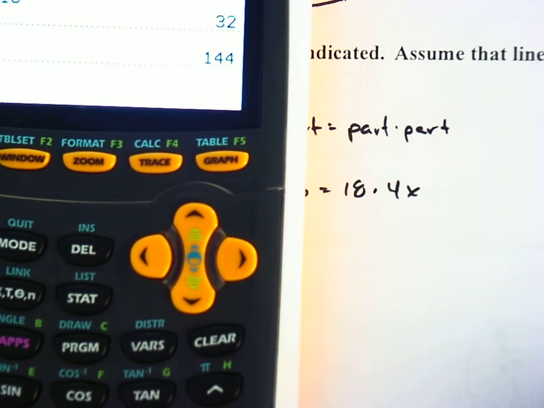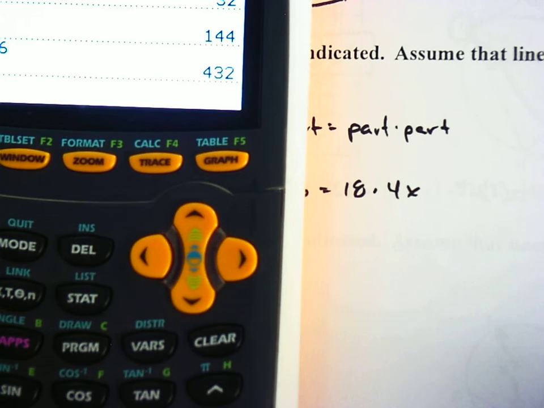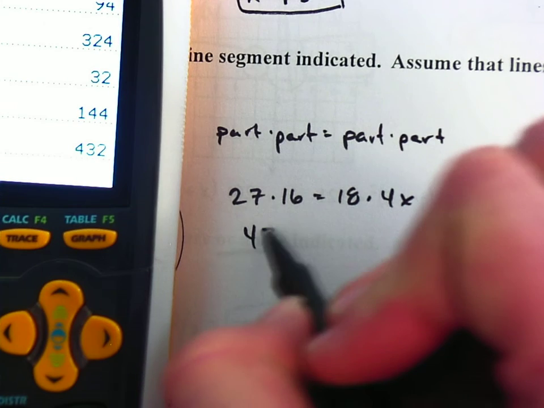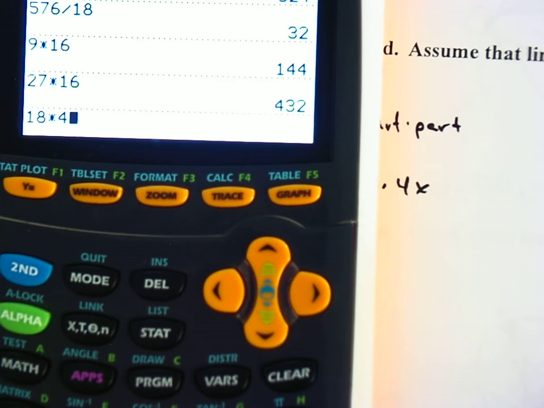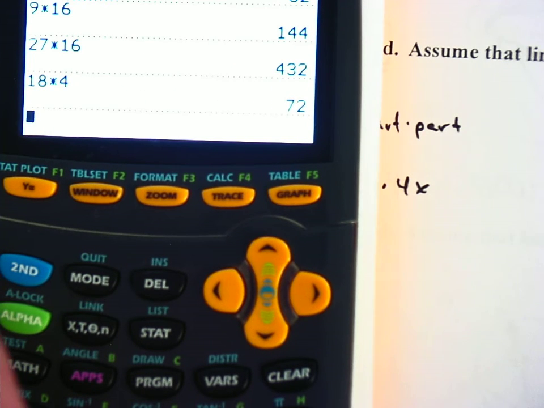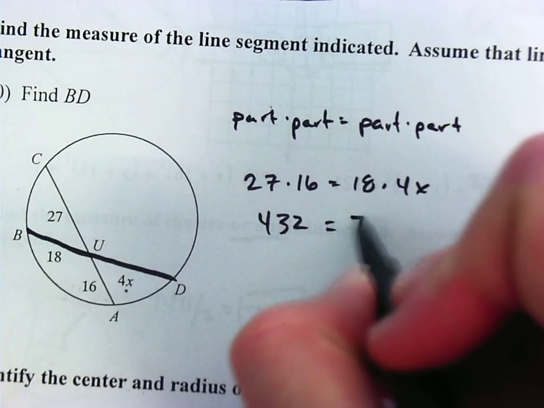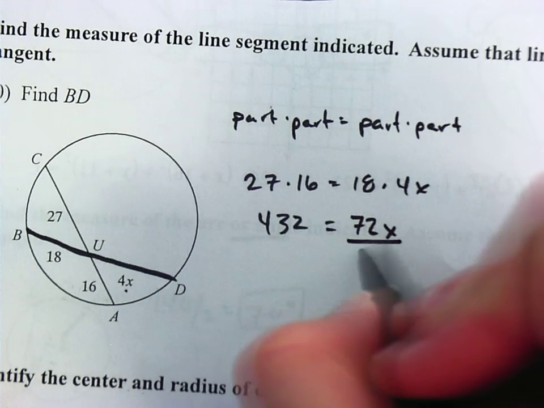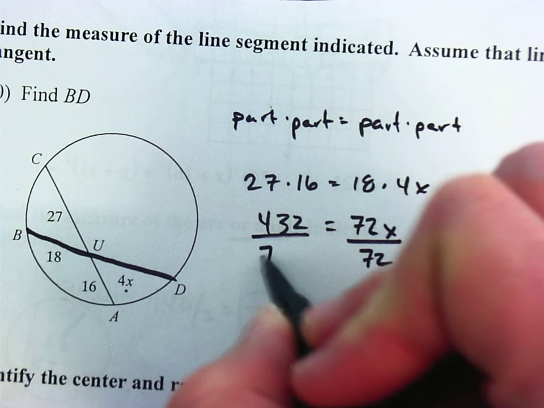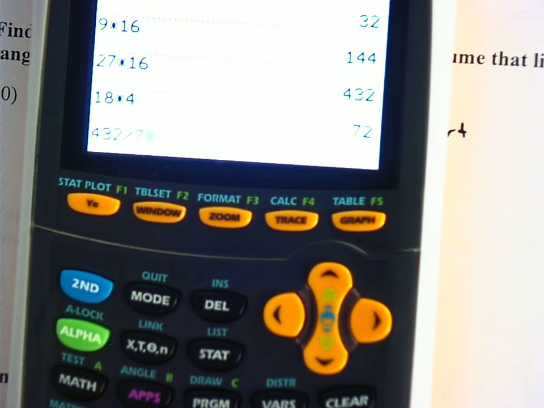Well, we can just use our calculator. 27 times 16 is 432. And then we're just going to times the coefficient. 18 times 4, 72x. Tack on that x at the end there. Yeah, and just use our calculator to find x. Okay, so we're dividing by 72. 432 divided by 72.